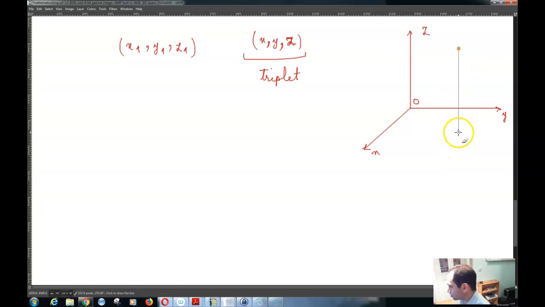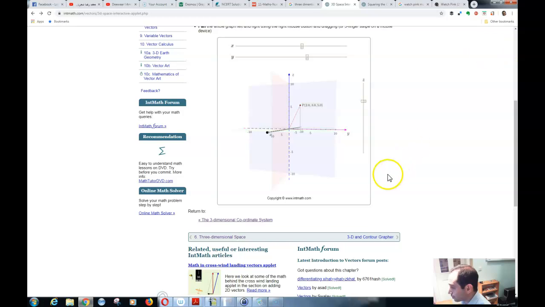This line is now perpendicular to the horizontal plane associated with these two axes, which is called the XY plane, and the XY plane is actually nothing but this green plane that you can see over here.